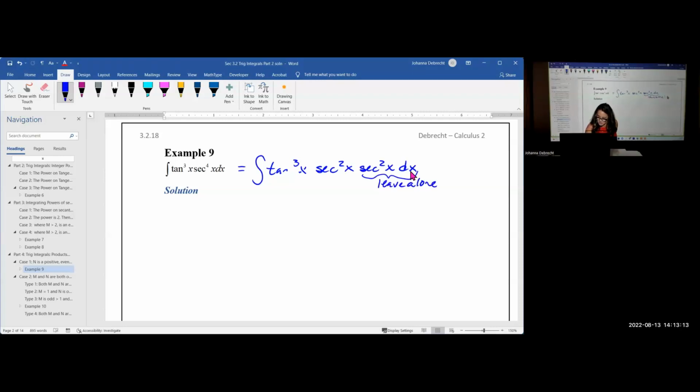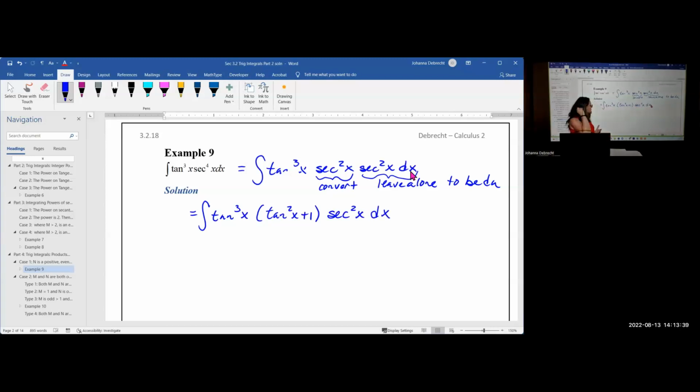And we need to convert the other one. So this gives me the integral of tangent cubed of x, secant squared becomes tangent squared of x plus 1, and then I leave alone my derivative, secant squared of x dx.